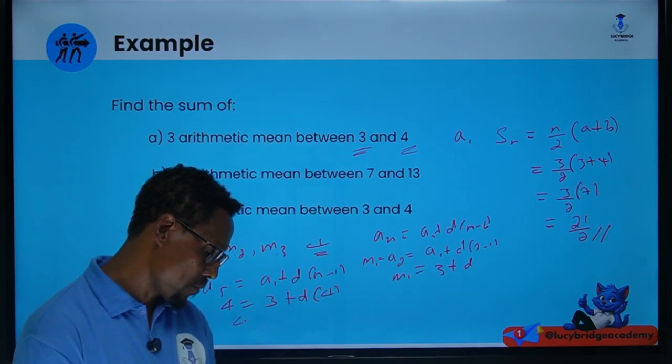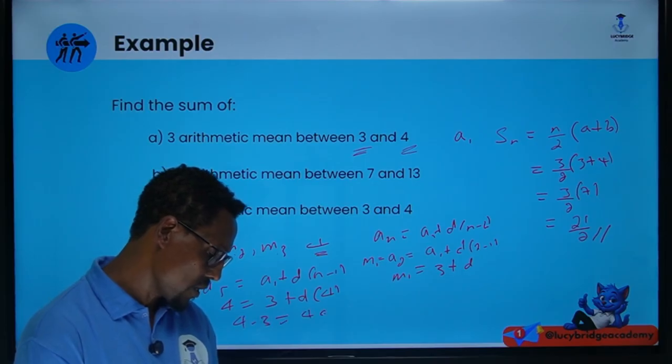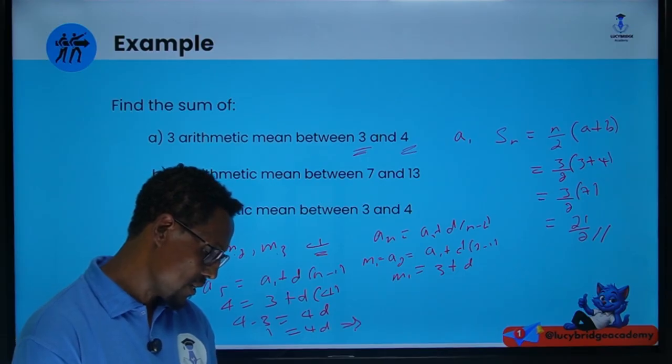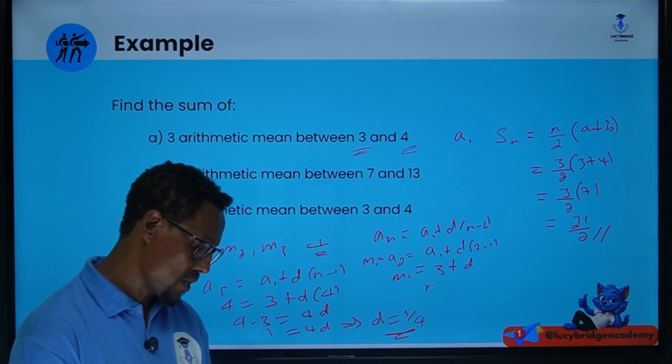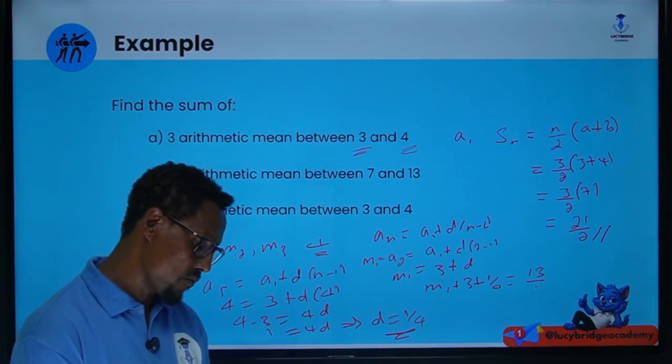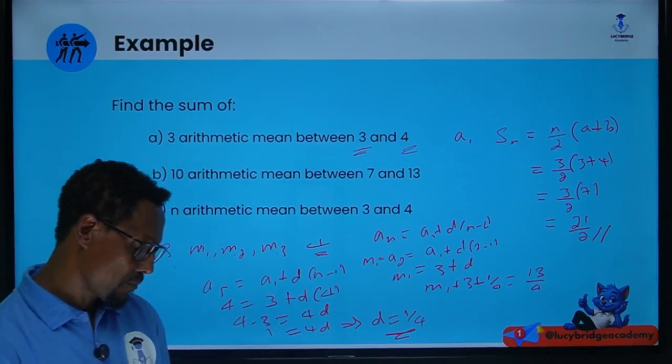This means 4 minus 3 is equal to 4D. 1 is equal to 4D, implies D is equal to 1 over 4. So M1 is equal to 3 plus 1 over 4, which is 13 over 4.